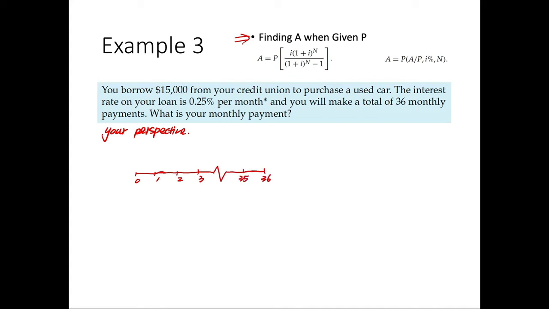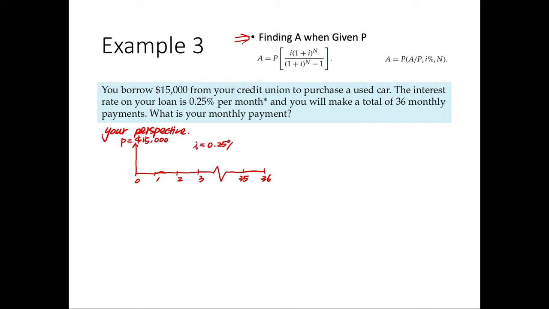Okay, and then you borrow 15,000. So from your perspective, you get 15,000 into your pocket. That's the inflow. So that's an arrow going upward. So it's like this. And that's the P equals to 15,000.